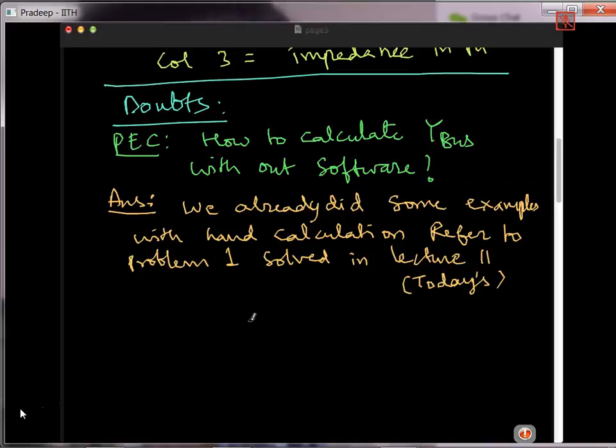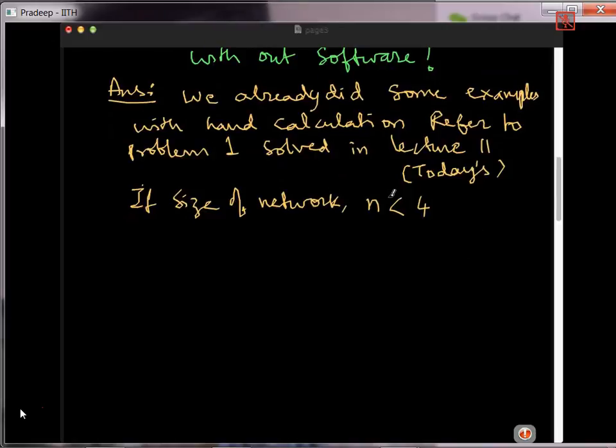Now continuing to this, if the size of the network denoted by n is less than or equal to 4, you can do hand calculation.